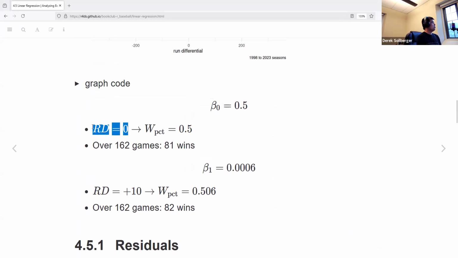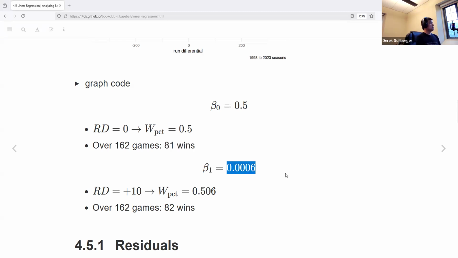What that means is if we plug in 0 into our input variable, a run differential of 0, that is a baseball team that scored just as many runs as they allowed. We get a prediction for the win percent at 50%, which is very good for lining up with our intuition. Over 162 games, this is a baseball team that wins 81 times and loses 81 times.